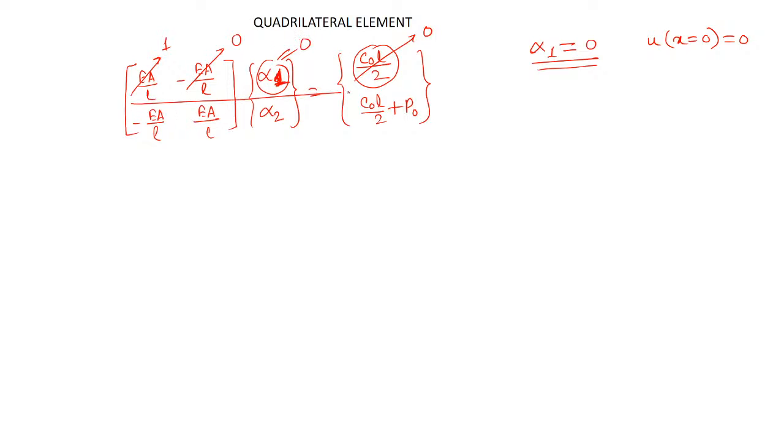Look at the first equation. If 1 times alpha 1 plus 0 has to be equal to 0, then only alpha 1 equals 0. That we always do. We do not only modify the left hand side, we also modify the right hand side. In this case the right hand side has to be made 0, because alpha 1 is 0. If it is non-zero, then we put that non-zero value, because we are enforcing the displacement boundary condition.